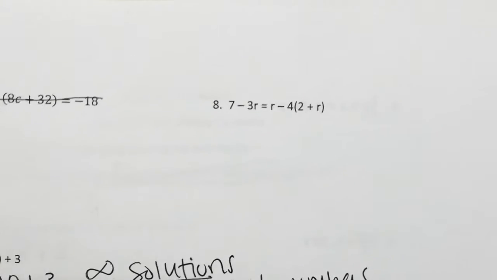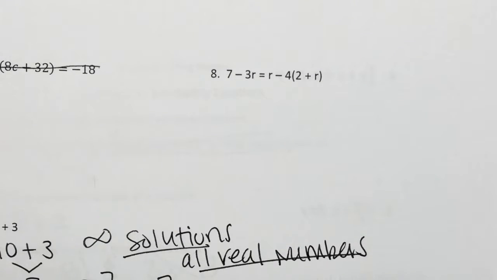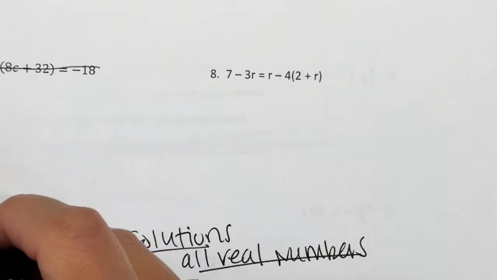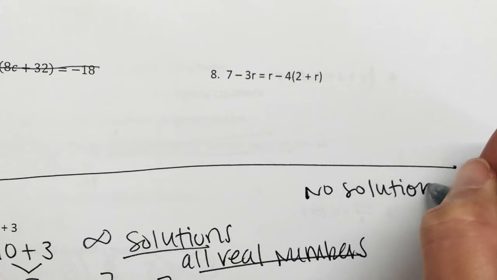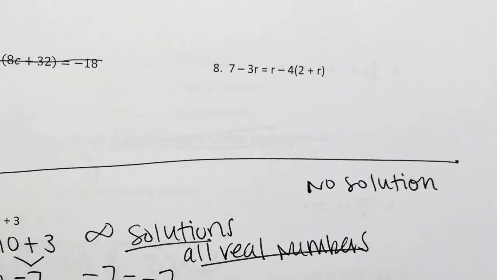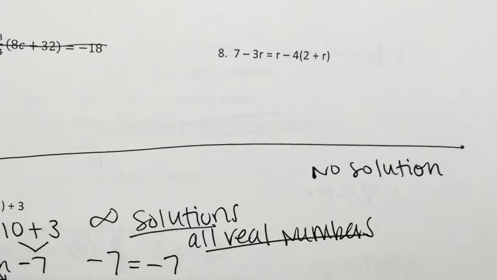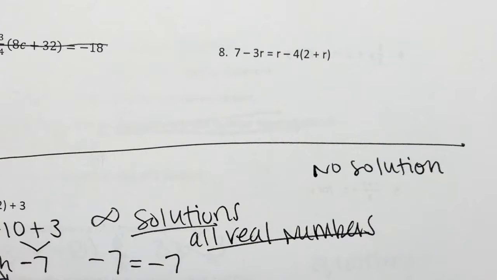Alright, flip it. Answer for number 8. No solution. Do I need to go over it? Okay. Summer. Sorry, you're lucky today. Okay, what do I do first? Distribute what?